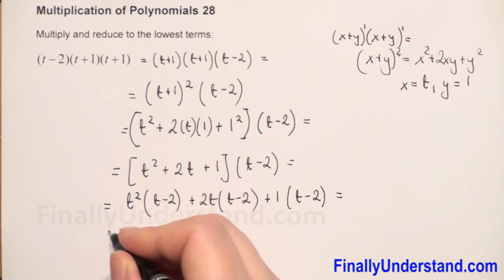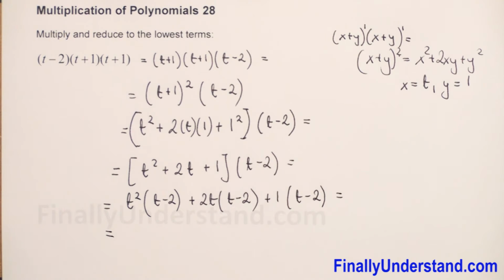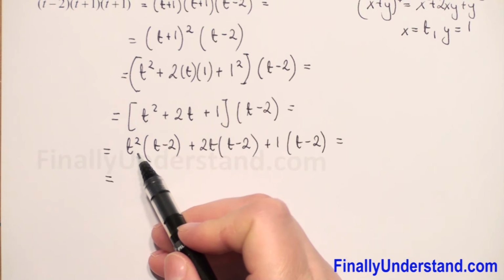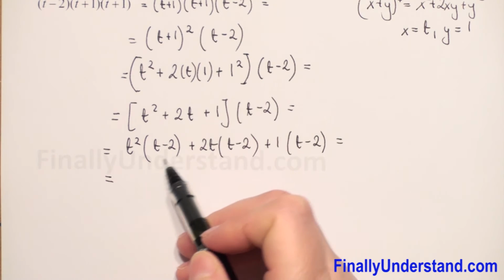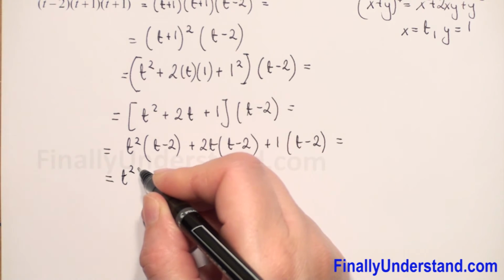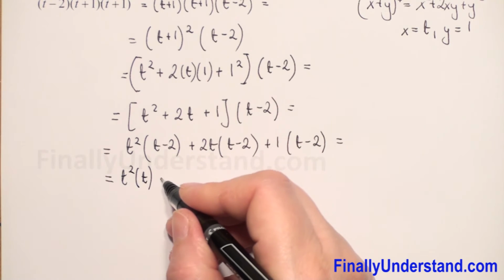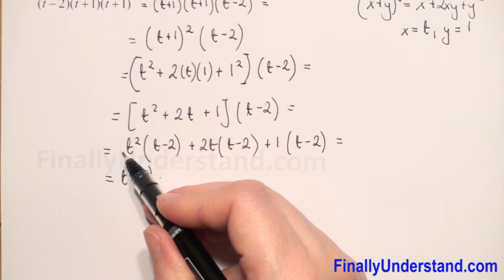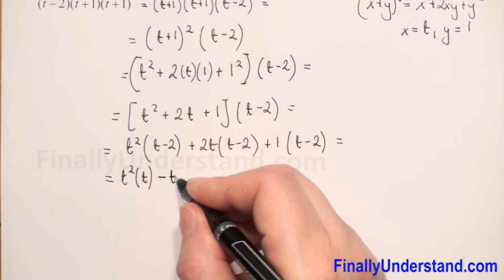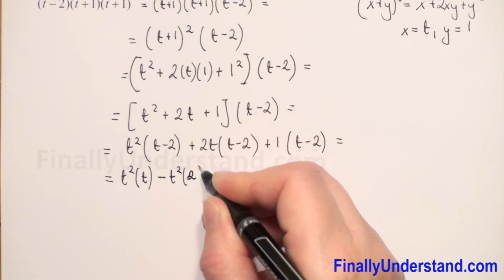So this is equal. Now we have to use the distributive law of multiplication. We have to first distribute t squared over each term in the binomial. So it will be t squared times t. Positive, when we don't have signs, always positive. Positive times negative will be negative, t squared times 2.